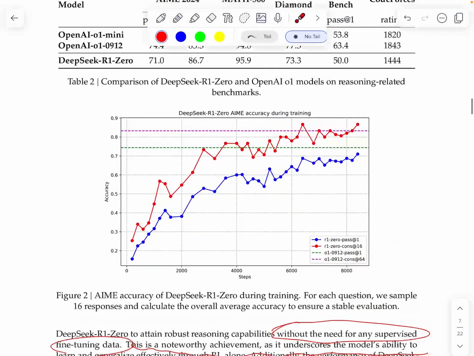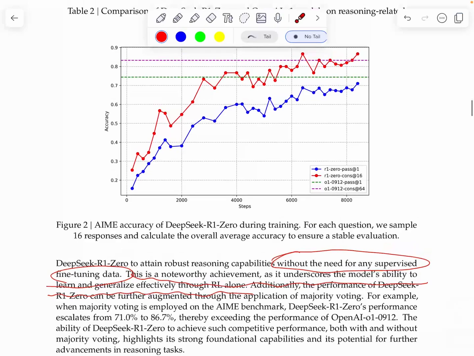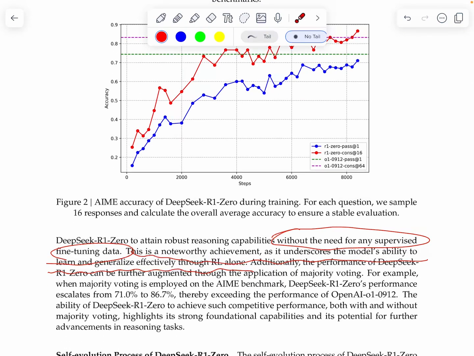Here in this little picture, we can see that this model outperforms even the O1 up here. And you can see that it could even approach 90% accuracy. That is pretty high, in all those reasoning tasks.